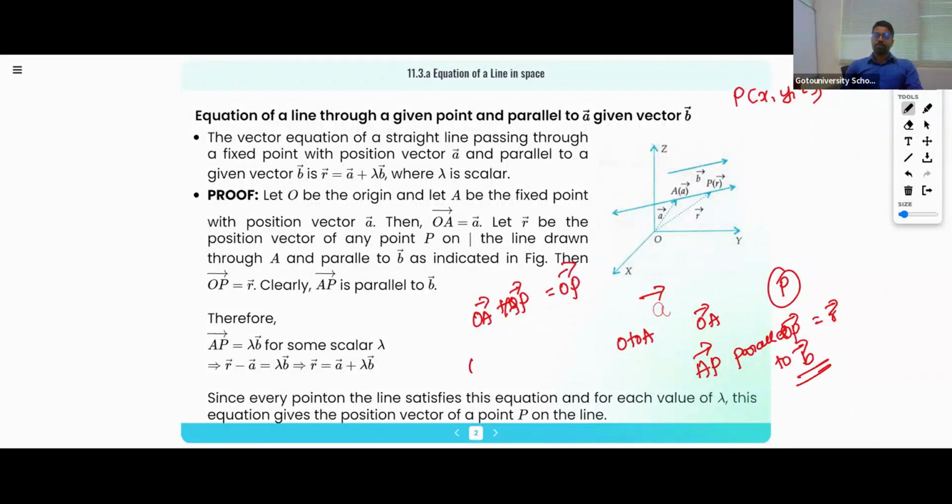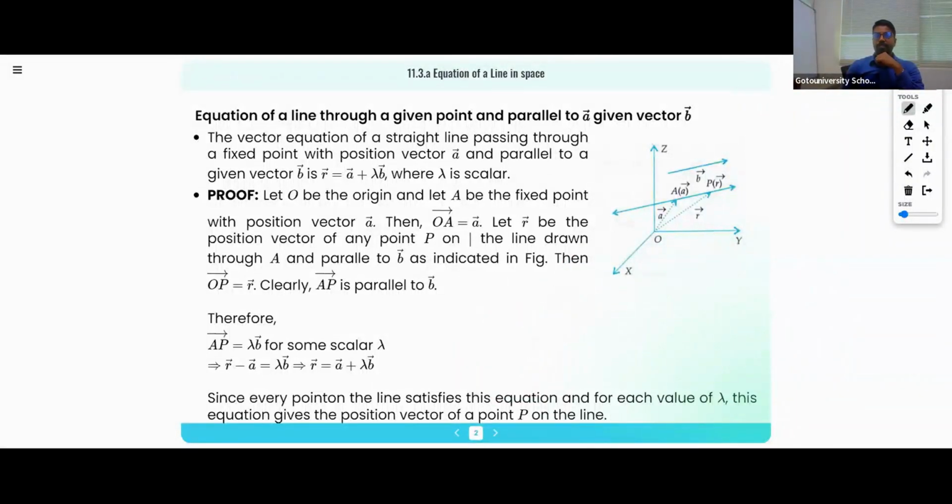So if I want to consider only AP, I write OP minus OA. OP is represented by vector R, and OA is represented by vector A here. Can you see? Let me rearrange all this.